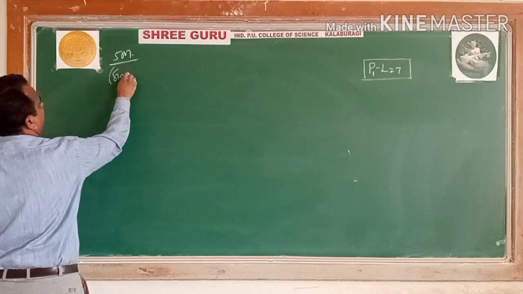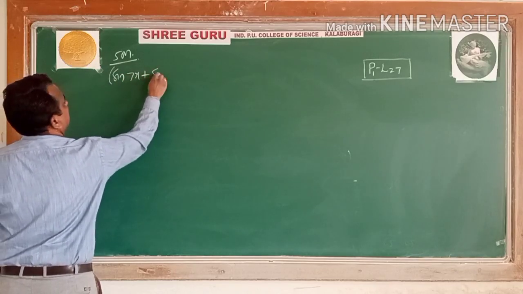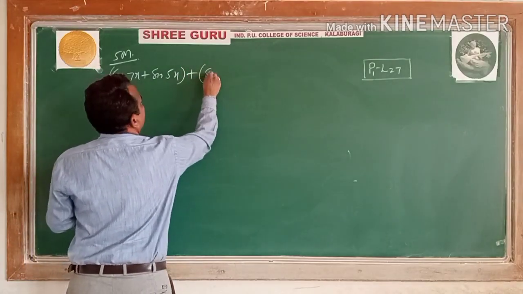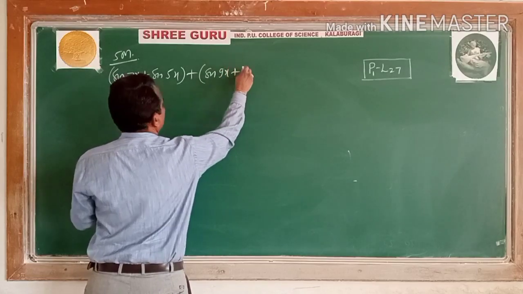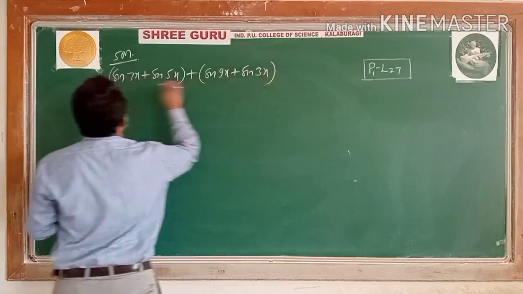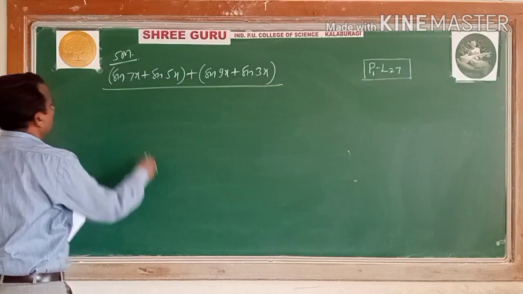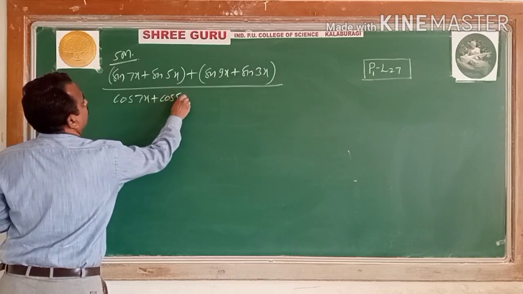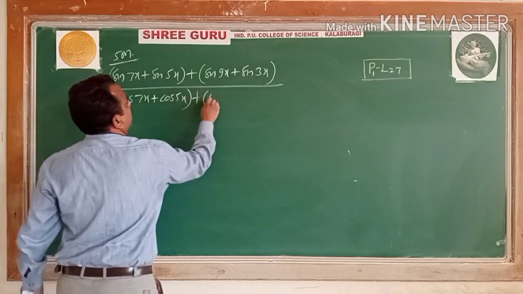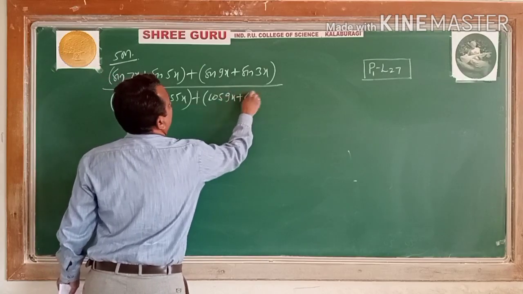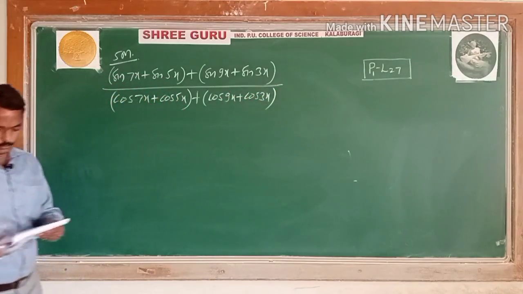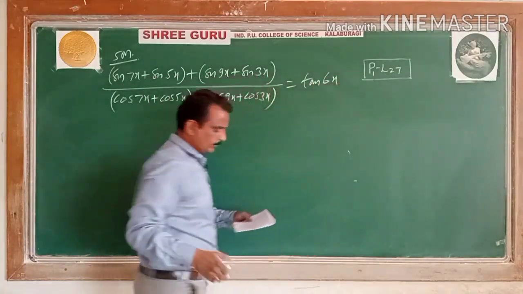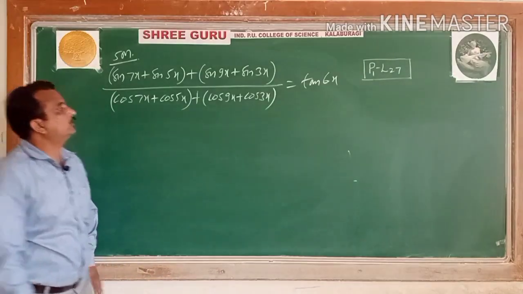Sin of 7x plus sin of 5x, he has given like that in the form of brackets, plus sin of 9x plus sin of 3x, divided by cos 7x plus cos 5x plus cos of 9x plus cos of 3x, is equal to tan of 6x.